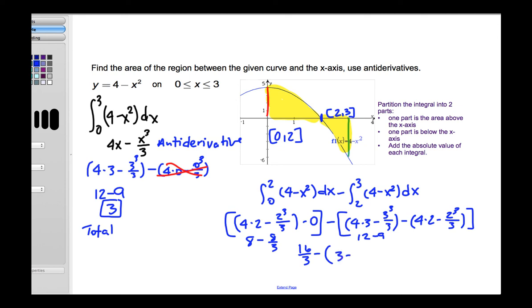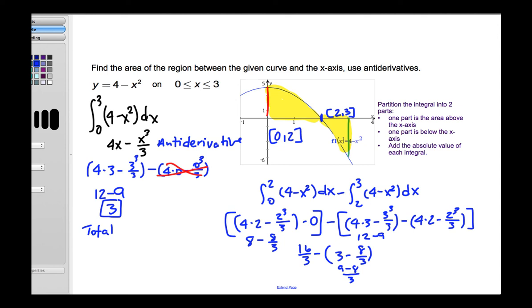Minus, and then 8/3 again. So this would be, to get a 3, that would be 9 minus 8. Is that right? 9 minus 8.